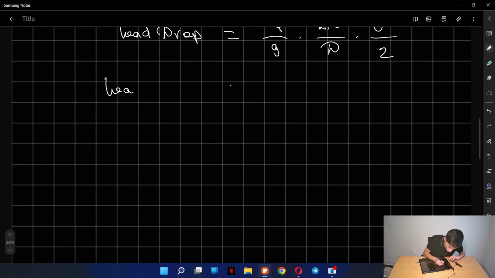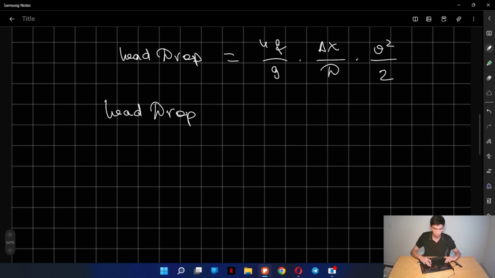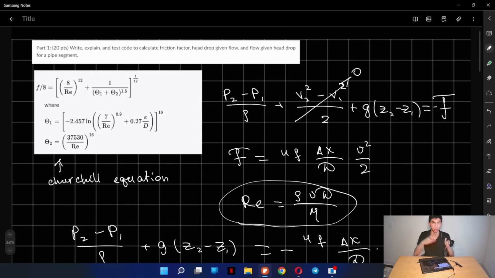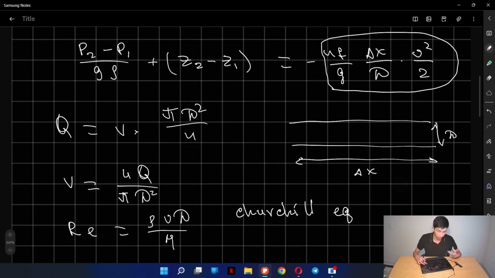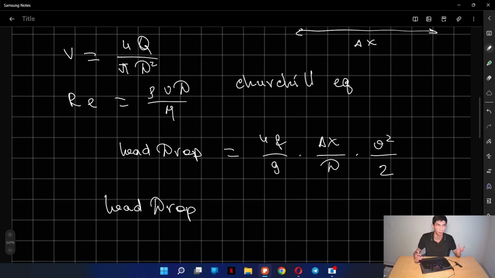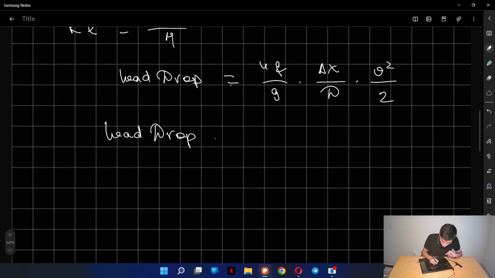So our head drop, if we want to express that differently, so if we take a look in our last part of the question, we have to calculate the flow given the head drop, right? So if we want to calculate the flow from the head drop, we can use the root solver from SciPy optimize in our Python code.